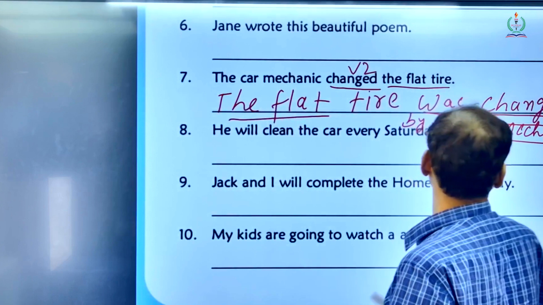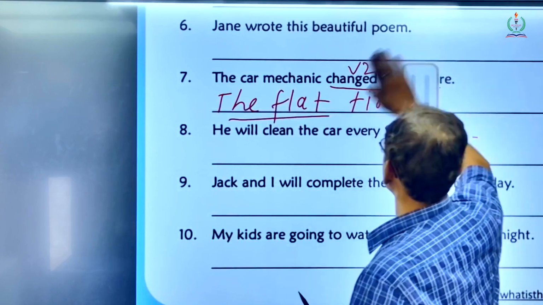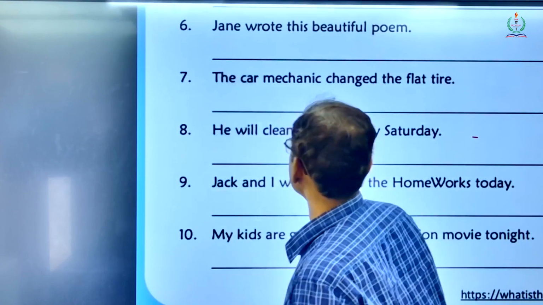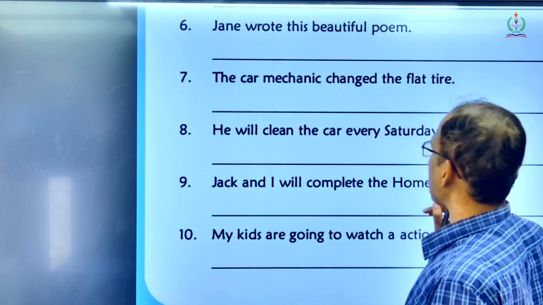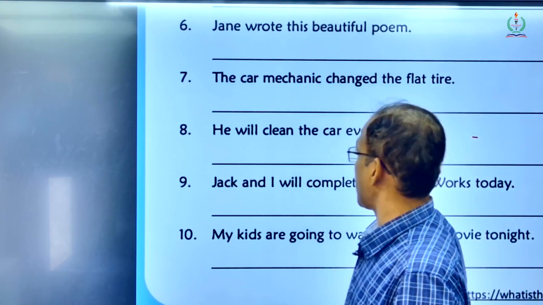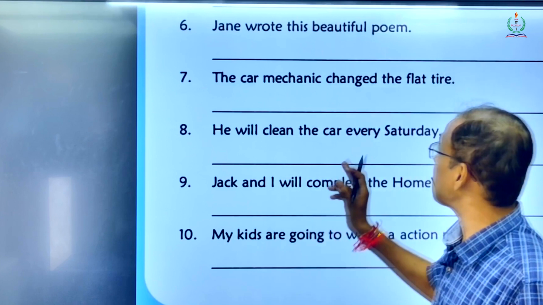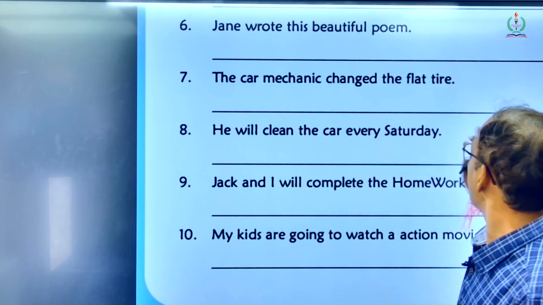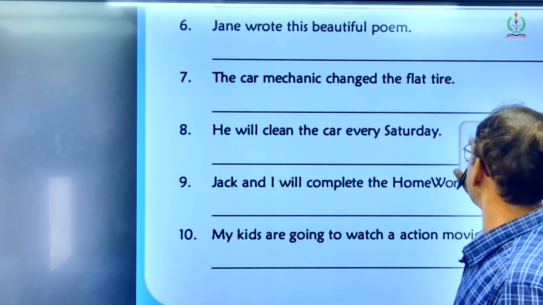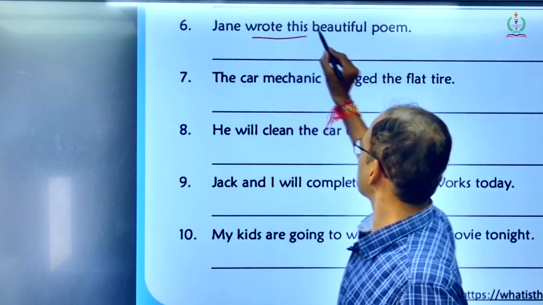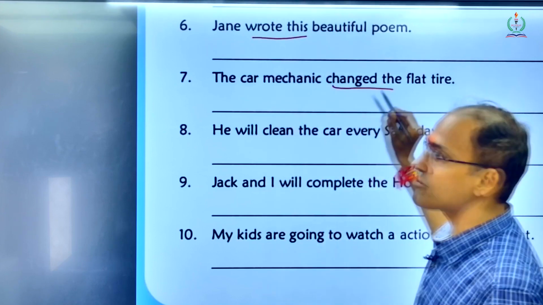So, again let us see the next question. Getting back to the question number 8. Yeah, again this is a bit trickier, because in the first two sentences we had seen that the verb is in past tense, wrote was in past tense, changed was in past tense.